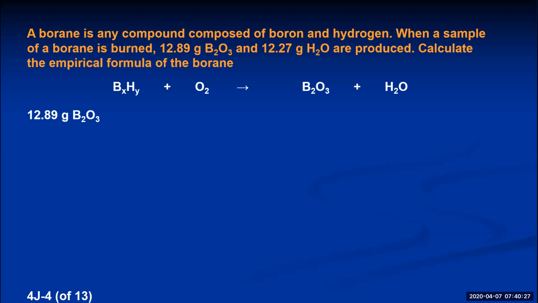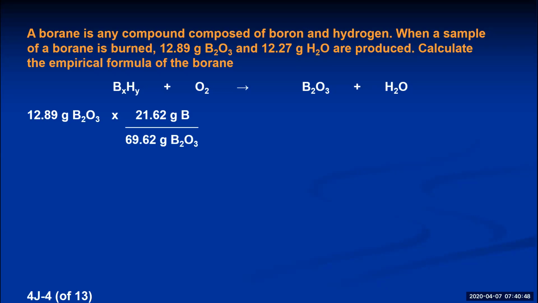So if we start with 12.89 grams of B2O3 and think about how you calculate the molar mass of B2O3, it would contain 2 moles of boron, and that would be 2 multiplied by 10.81. And we divide that by the molar mass of the entire compound, which happens to be 69.62 grams per mole.